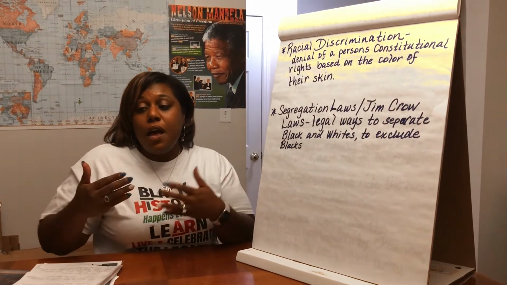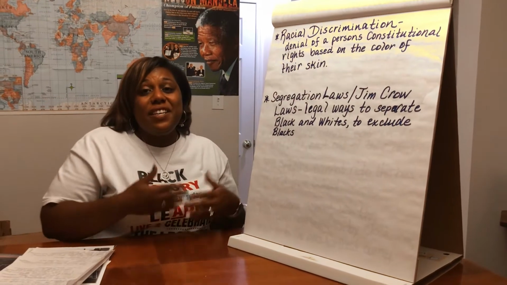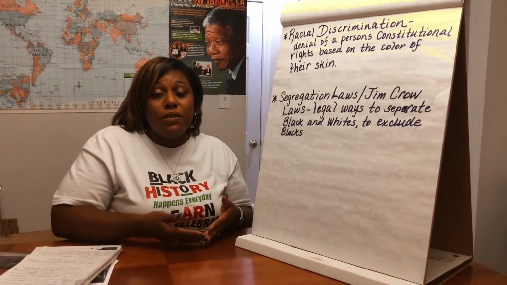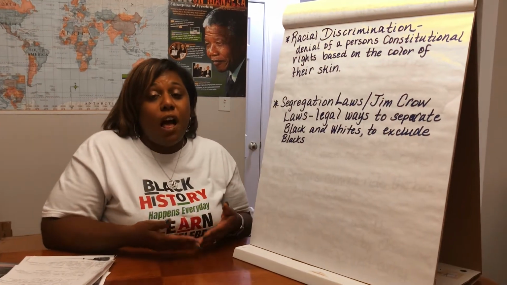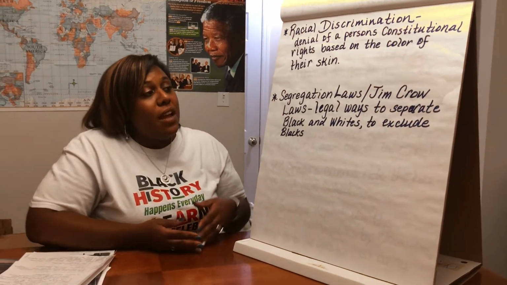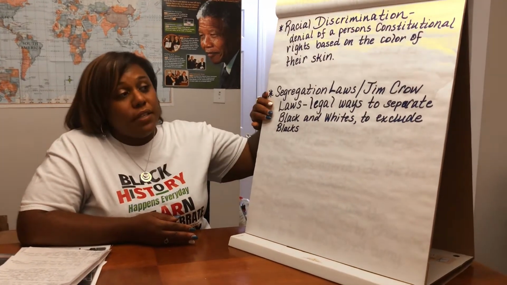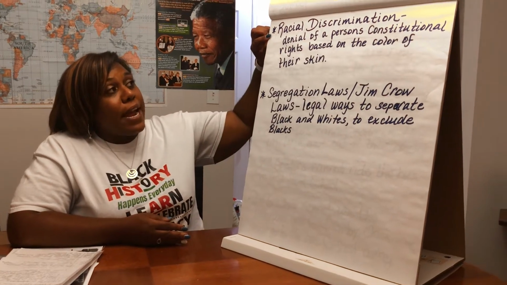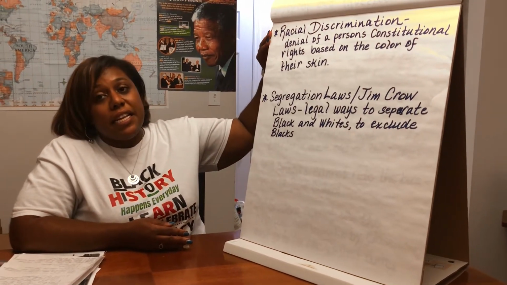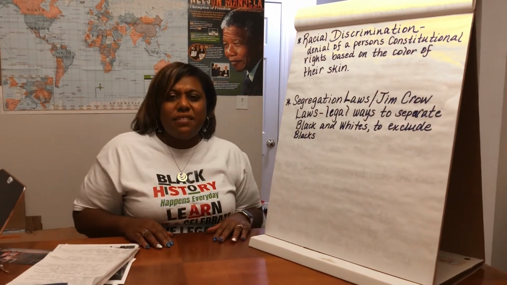The right to eat where you want to eat, and the right to go to schools that are equitable, equal for all students to be able to learn. And so segregation laws and Jim Crow laws were the legal way that they were able to discriminate against African Americans. So it sounds like a lot.